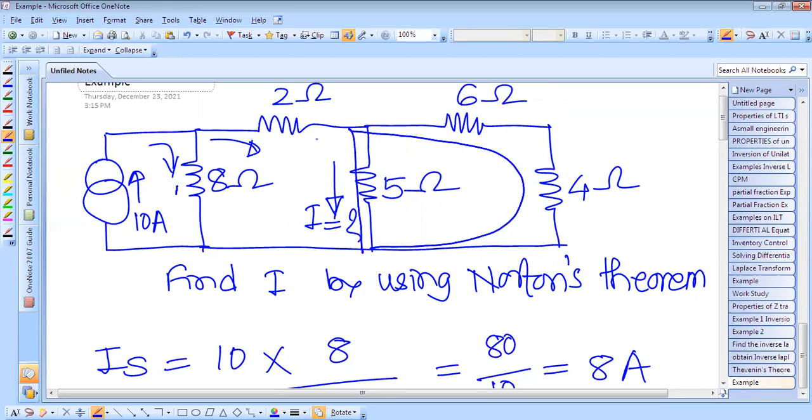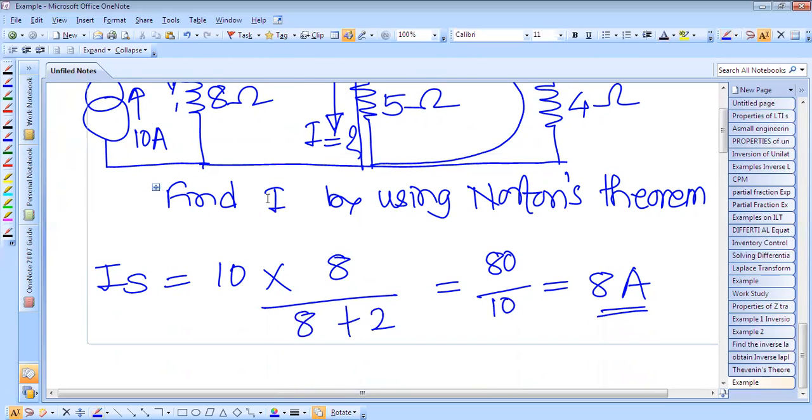That's why I have found this short circuit current, which is total current into the opposite branch resistance divided by the opposite branch resistance plus the branch resistance in which we have to find the current. So this is the short circuit current.